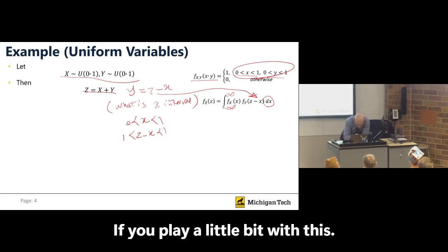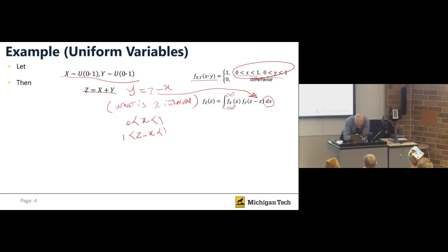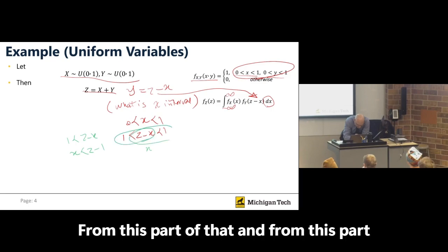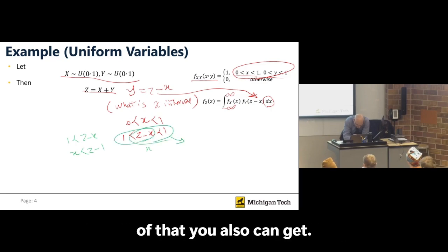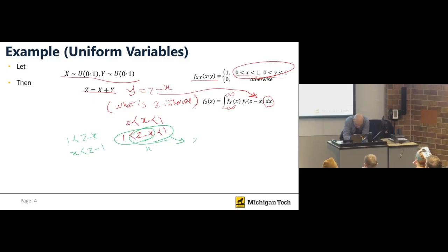If we play a little bit with this, we can write that z minus x is less than 1. So x is less than z minus 1. And from this part and that part, you also can get z minus x less than 1.